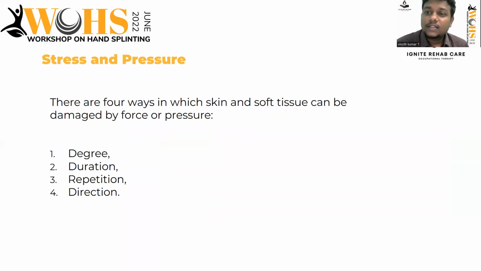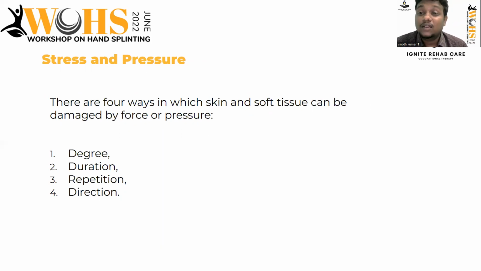And then the factors that you should consider when you're planning splints. The most important factor you should consider when you're making splints is stress and pressure. There are 4 ways in which skin and soft tissue can be damaged by force and pressure.